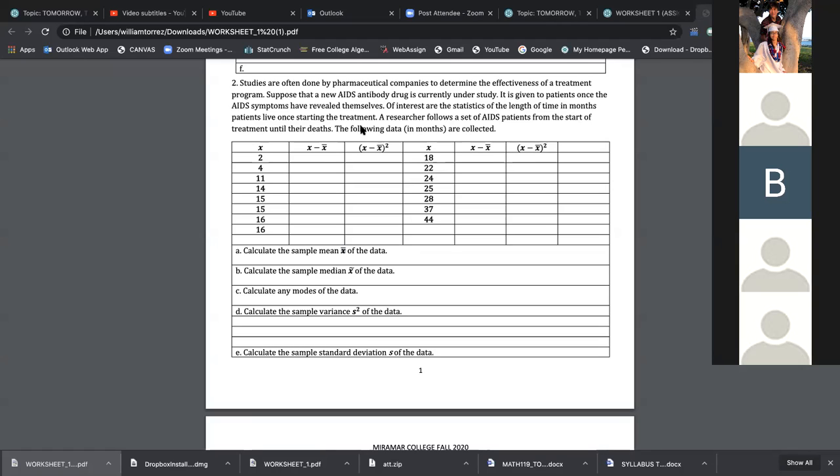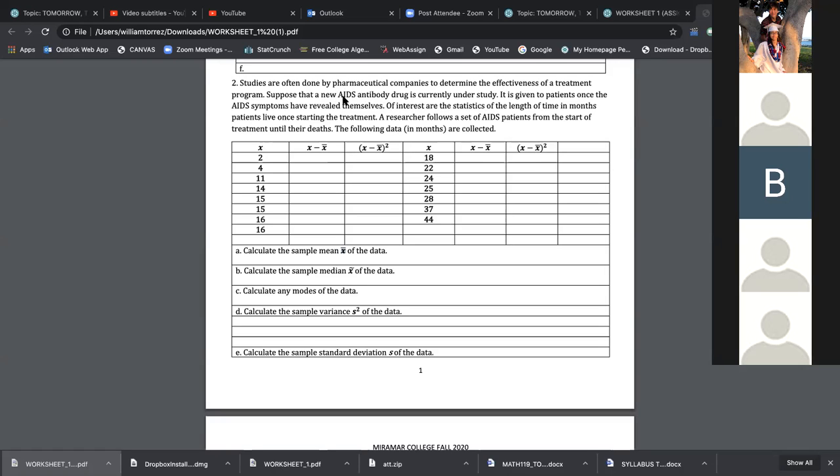Now, in the early 80s, which was more than 30 years ago, okay, AIDS had no cure. And so over the next 30 years, pharmaceutical companies have devoted lots of time and resources in a cure or even a vaccine to prevent AIDS.